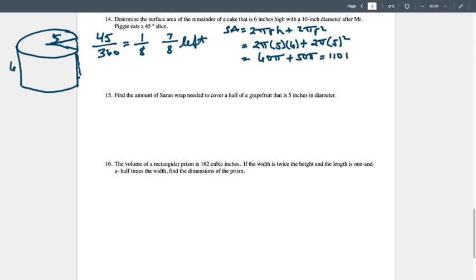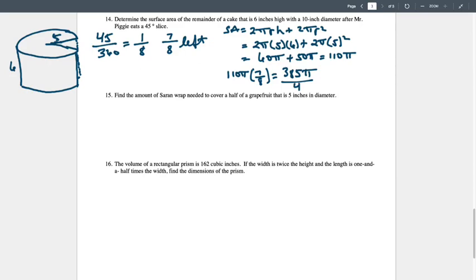And that gives me 110 pi. Now we've only got 7/8 of that, so we're going to do 110 pi times 7/8, and that's going to give me, when I multiply that out, 385 pi over 4. All right, so that's the total surface area.